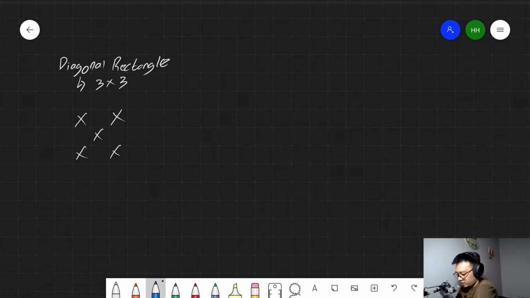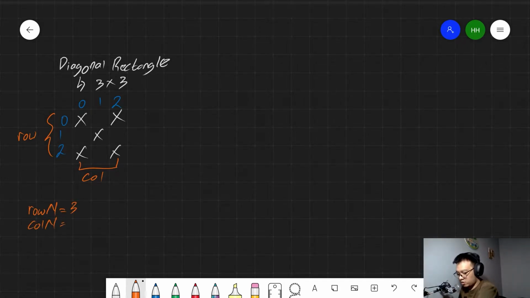This is your rows, this is your columns, and just say your row n equals 3 and your column n equals 3. Okay, so let's analyze this rectangle first, right?